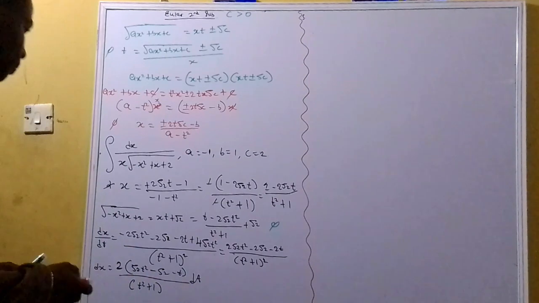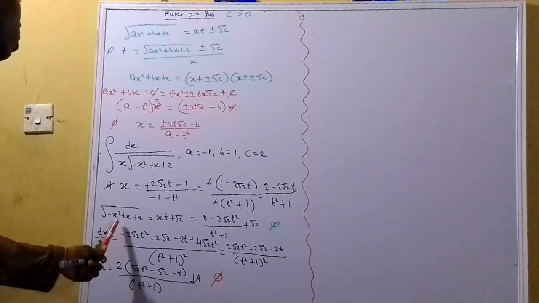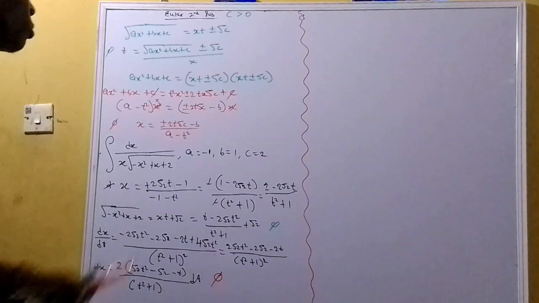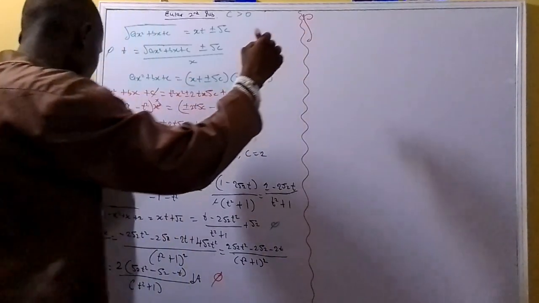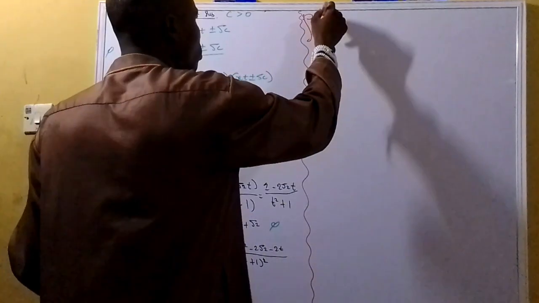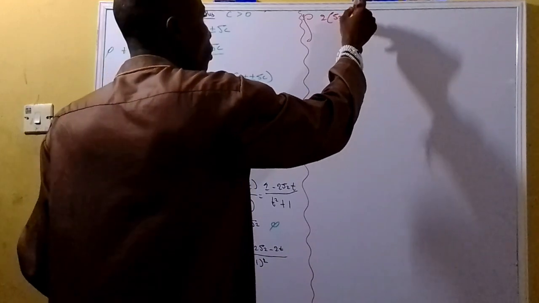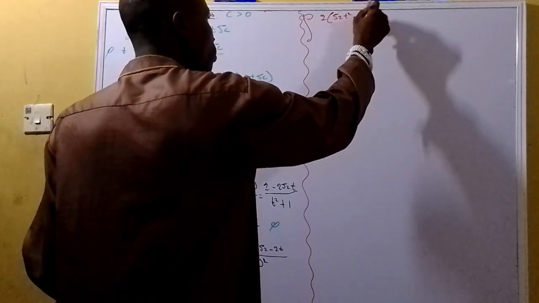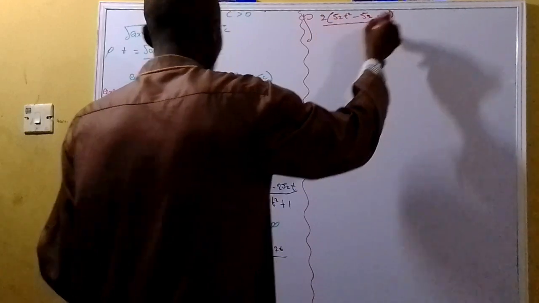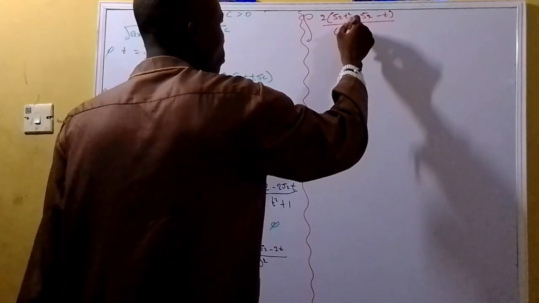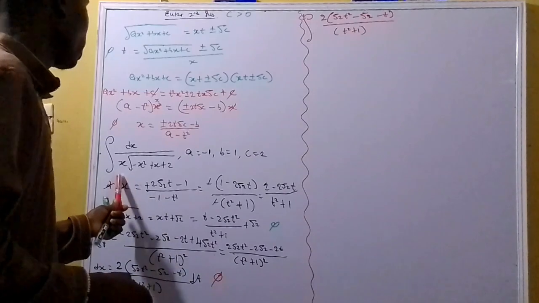We've gotten our dx. We've gotten our x. So let's move on to this variable. Let's insert everything into this variable now. So you're integrating our dx, which is your 2 into brackets root 2 t squared minus your root 2, then minus t over our t squared plus 1, that is our dx, as you can see, then times our x.